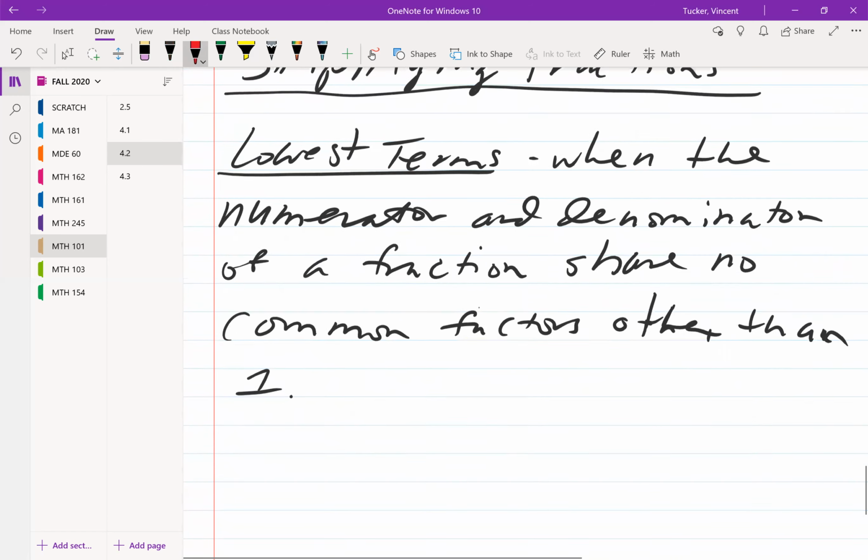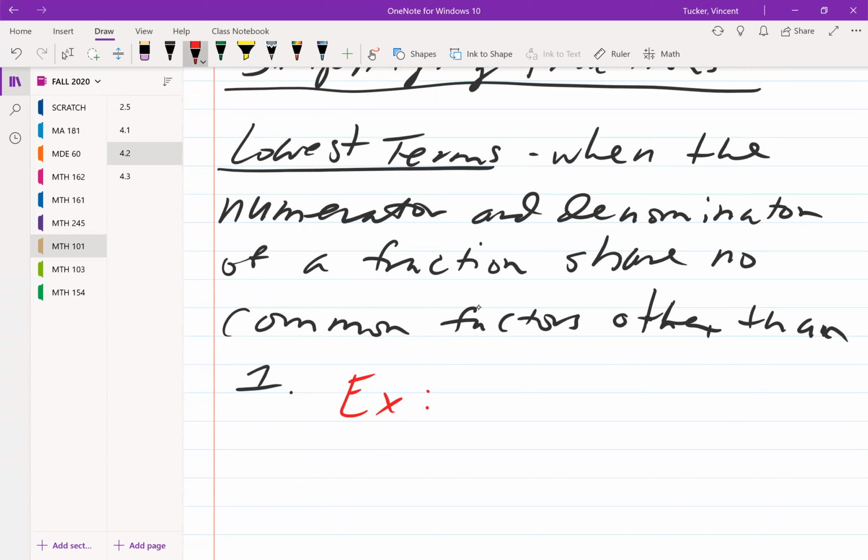So, example of that, if I have 4 over 6, I can rewrite both numbers as prime factorizations. 4 is 2 times 2, 6 is 2 times 3. So the common terms, the 2s, will cancel.